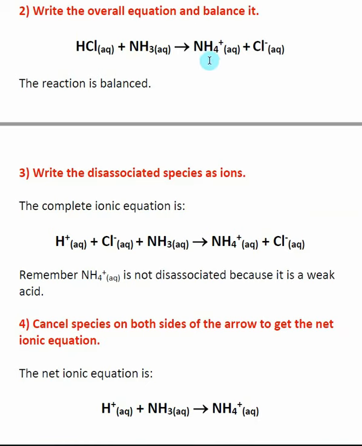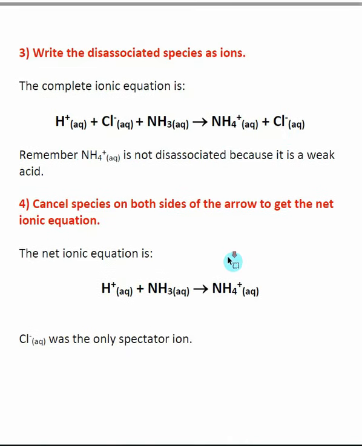Ammonium is a weak acid, so we do not dissociate it. So we actually consider ammonium to be the product of this reaction. And then Cl minus, it can't be dissociated more, so it just comes along for the ride. So ammonium is not dissociated. It's a weak acid, and overall we're going to find out that that's really the product of the reaction.